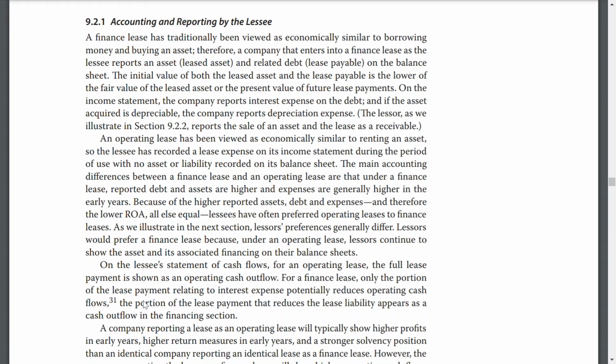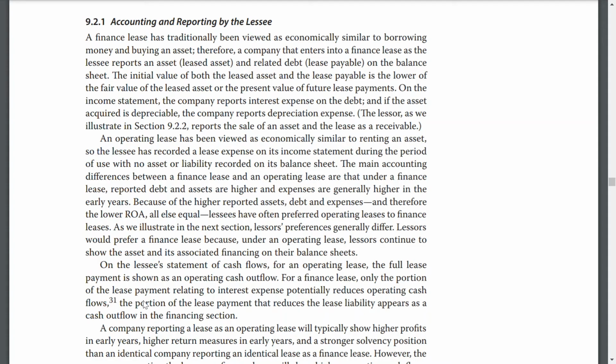On the income statement, the company reports interest expense on the debt, and if the asset acquired is depreciable, the company reports depreciation expense. An operating lease has been viewed as economically similar to renting an asset, so the lessee can record a lease expense on its income statement during the period of use, with no asset or liability recorded on its balance sheet.